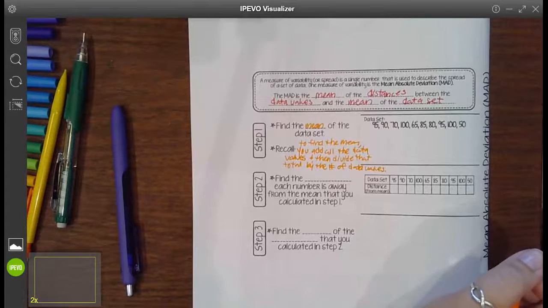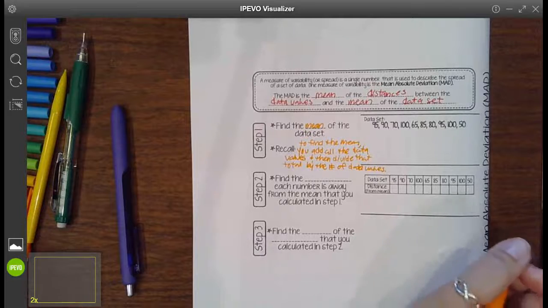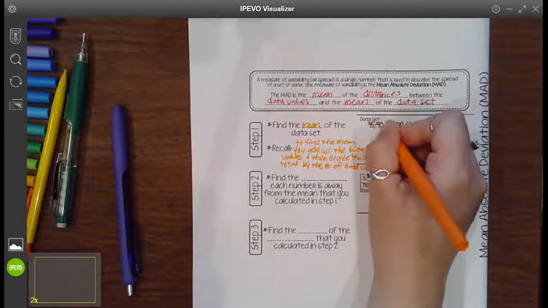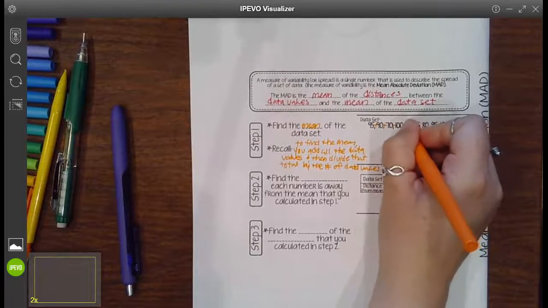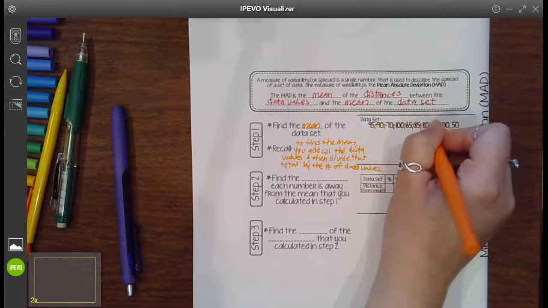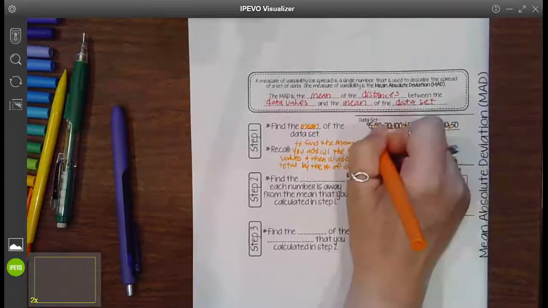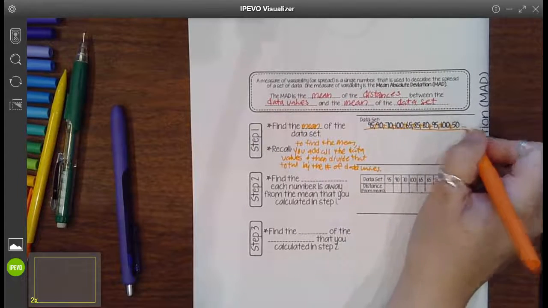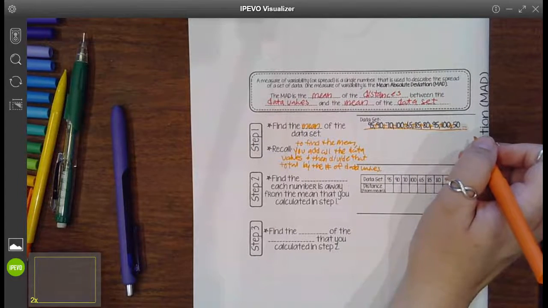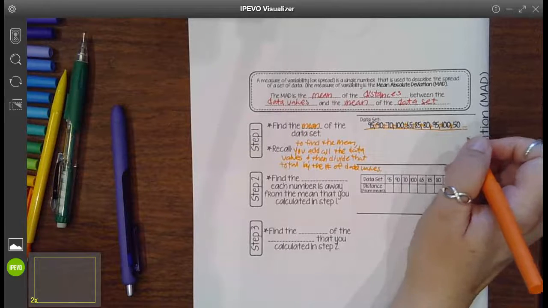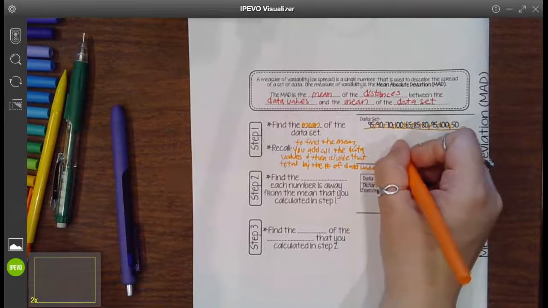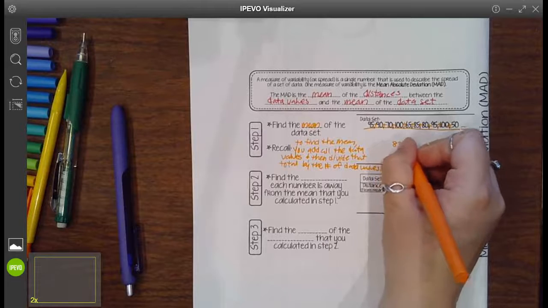Okay, so first off, we're going to add all the data values. Let's put a little plus sign between each of these so we remember that we added them all. Type all that in your calculator. When you add all that up, what do you get? You get 830.